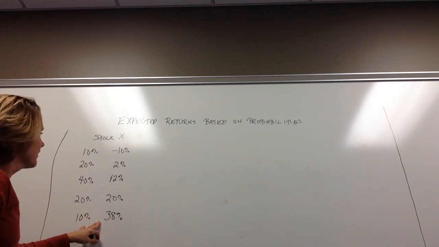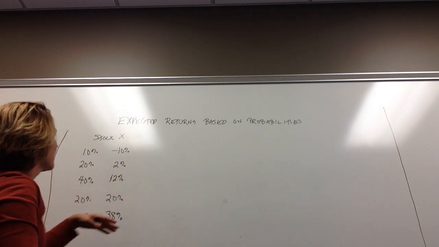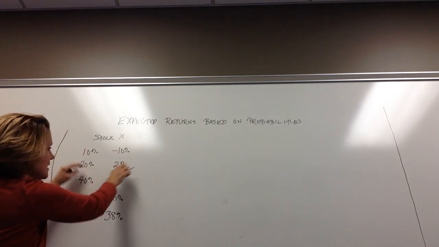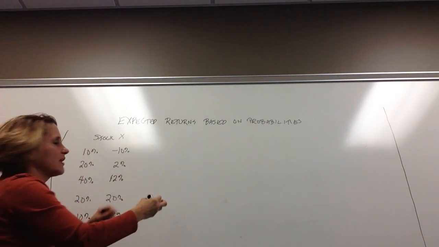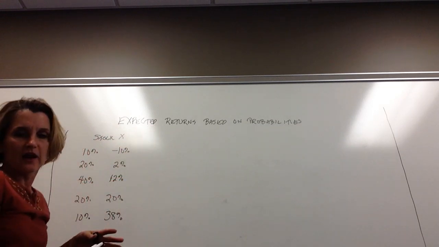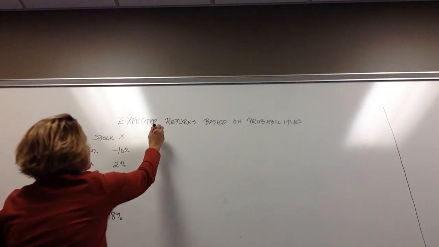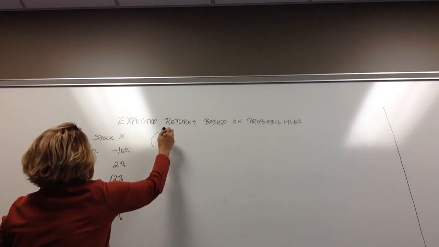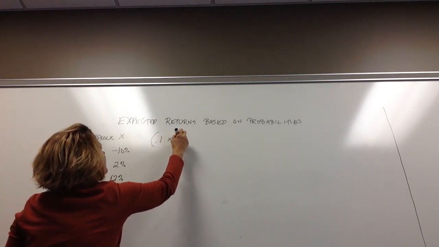How we solve that mathematically, again, is based on the probabilities. We take each line and put it into a mathematical computation, and I make the percentage a decimal. So there's a 0.1 chance that I'm going to lose 10%.